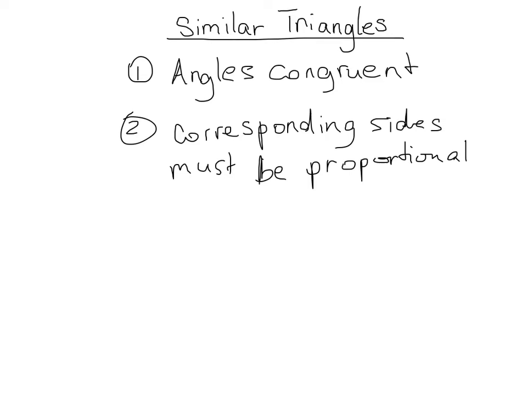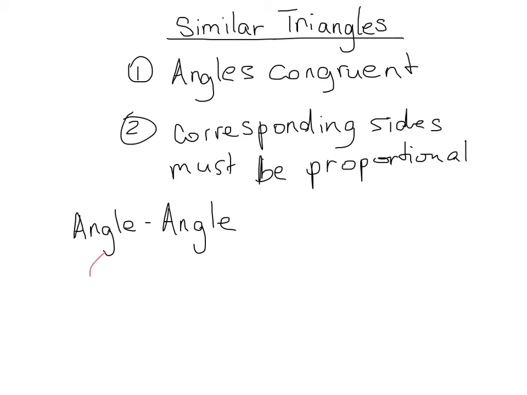Now the good news is this: you don't have to check for proportionality for all corresponding sides, and you don't have to check for congruence for all corresponding angles. All you have to check is a couple things. So, for example, there is something called the angle, angle. Yes, I said it twice and I meant to say it twice.